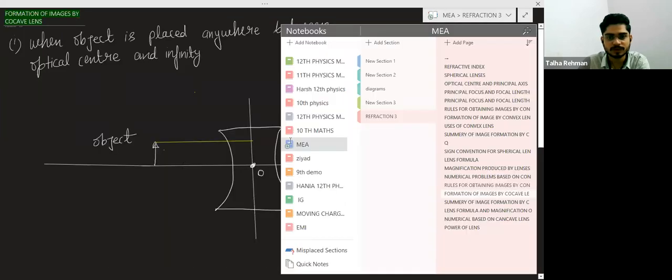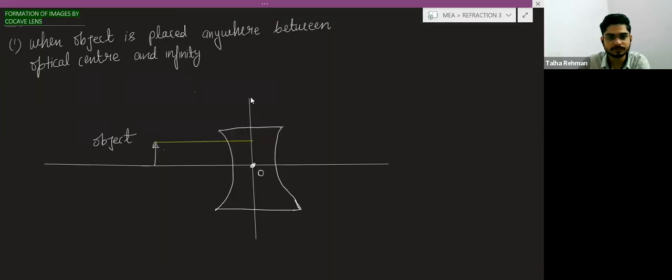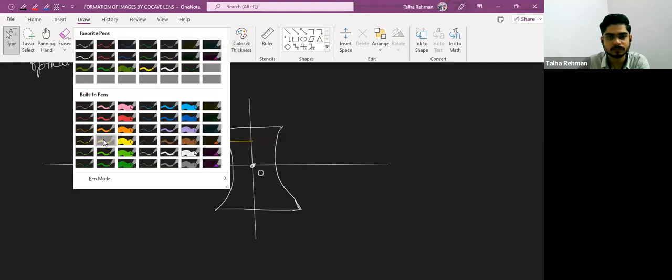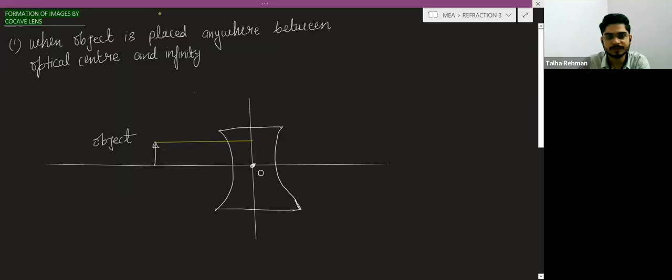So after refraction, suppose this ray is going like this.